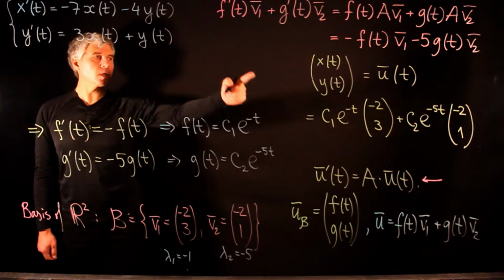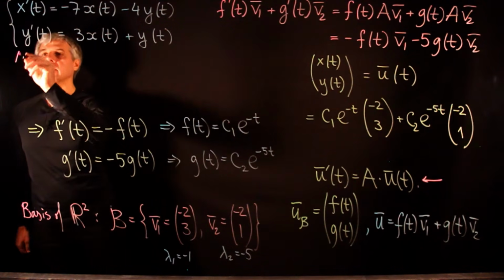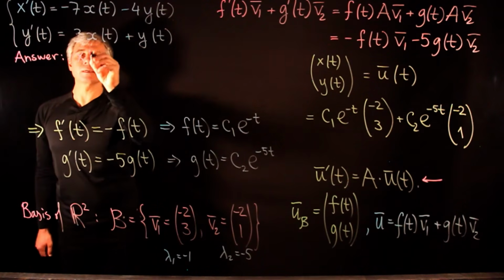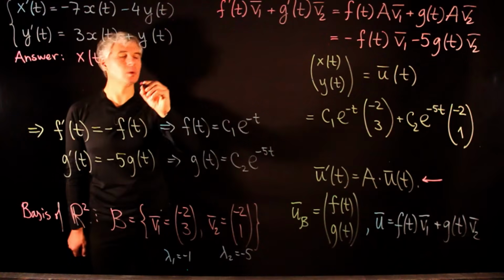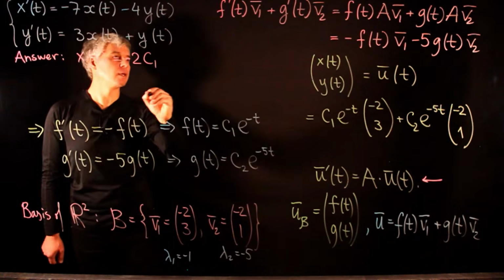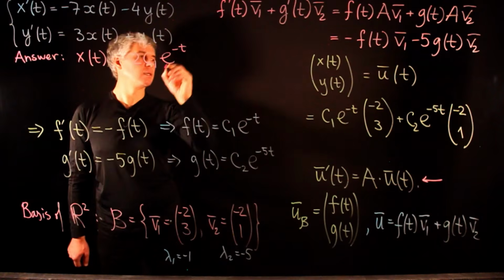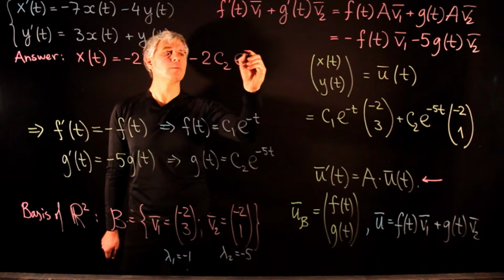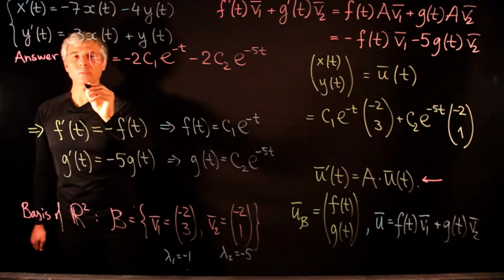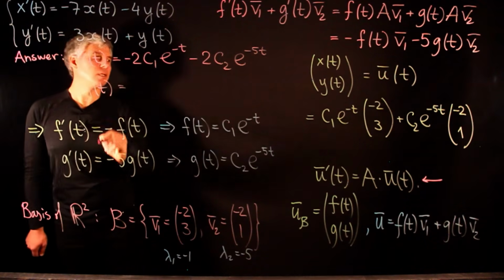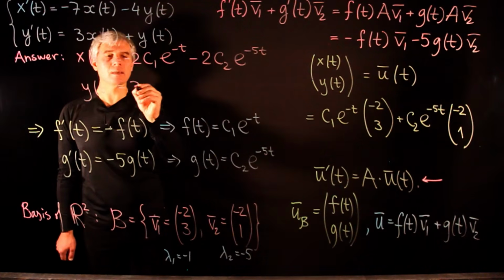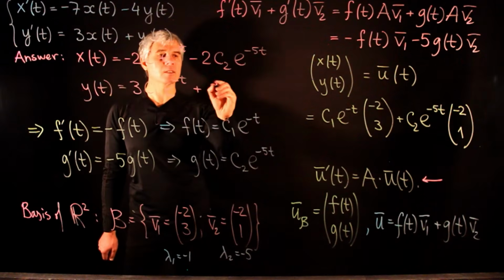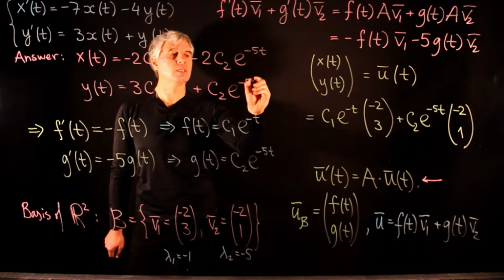Now, extracting the components in this vector equality, we get our answer to this problem: x of t is equal to minus 2 c1 e to the minus t minus 2 c2 e to the minus 5t, and y of t is 3 c1 e to the minus t plus c2 e to the minus 5t.